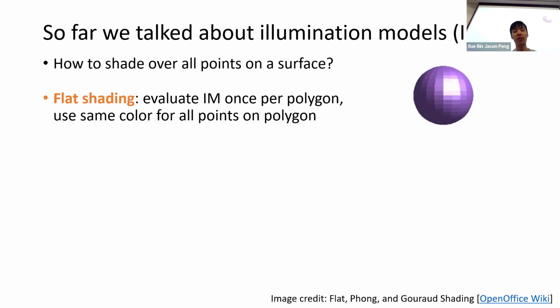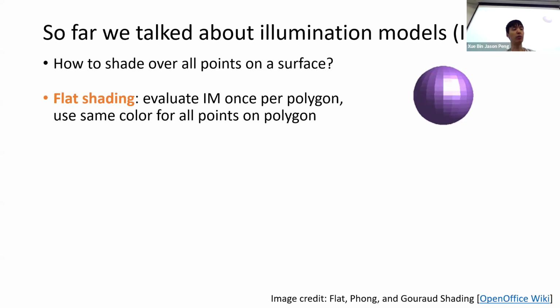So instead of seeing a nice, smooth spherical surface, we end up seeing these very jagged results instead. So this flat shading method might not necessarily give us very realistic results.